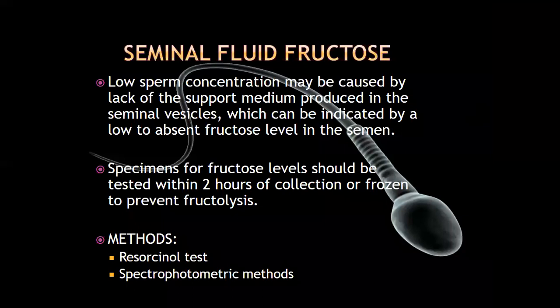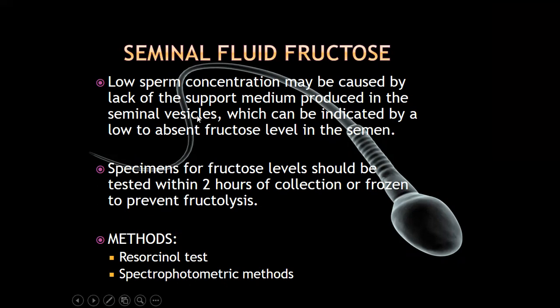Or we can also assess for fructose, from the seminal vesicles. This provides nutritional support to your sperm so that they could propel or swim forward to the location where the ovum is.